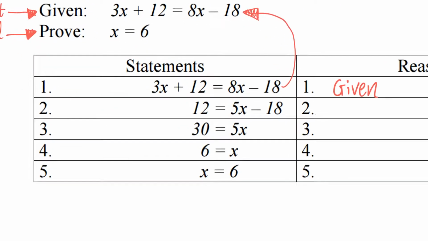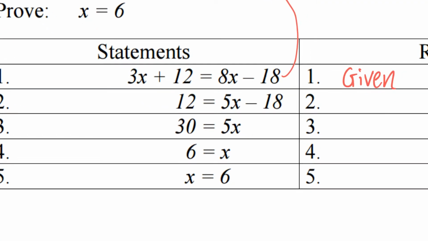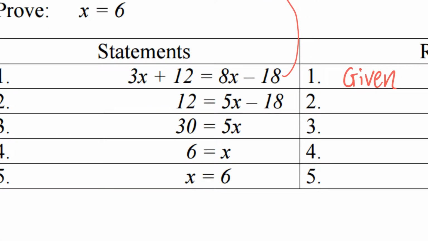All right, so next thing I want to think about, going from the first statement to the second statement. Let's just think about what happened in the math. What did they do going from the first step to the second step? They dealt with the 3x. They subtracted 3x from both sides.